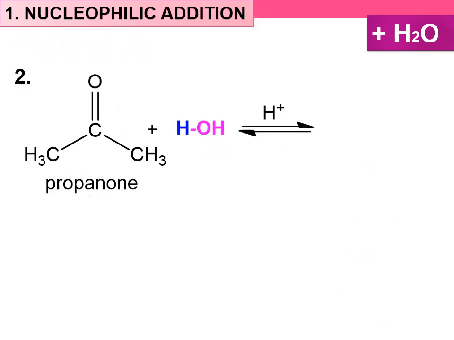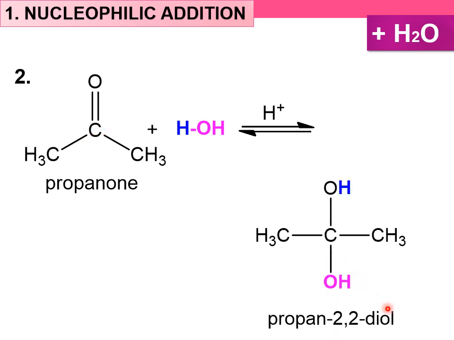Let's do question number 2 by using propanone as the reactant. OH minus as the nucleophile will attack the carbonyl carbon over here and attach to it, so that we are getting another gem diol, which is now called propan-2,2-diol.